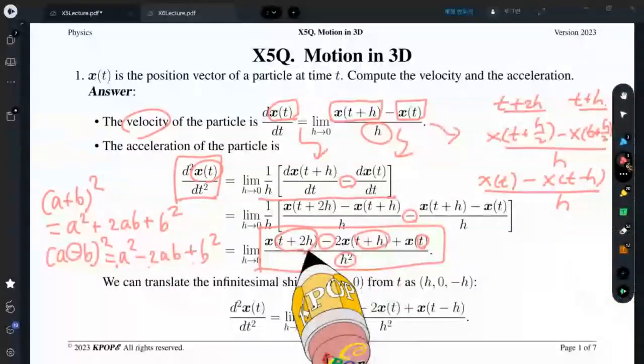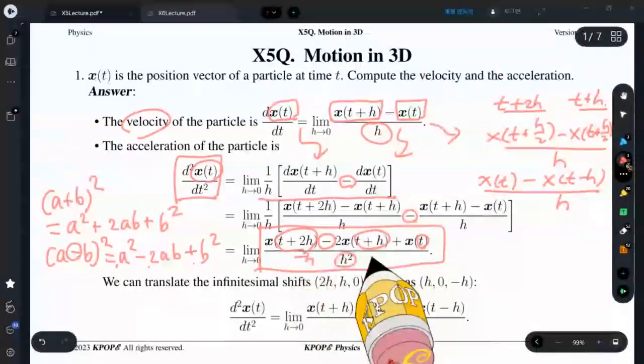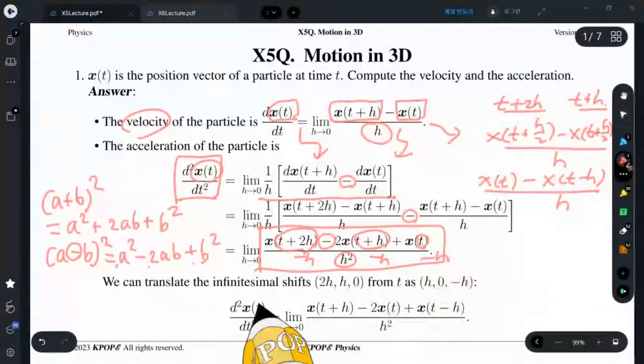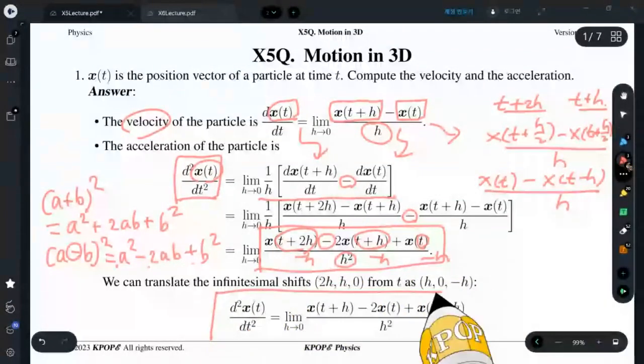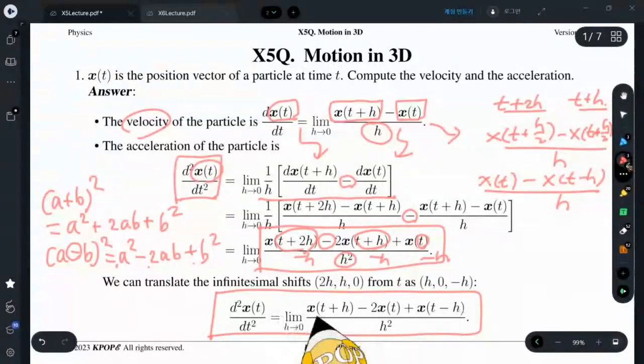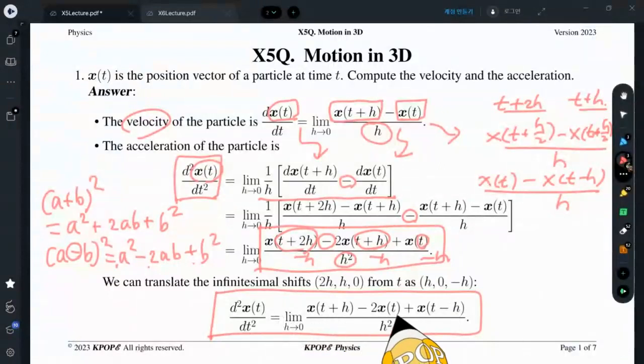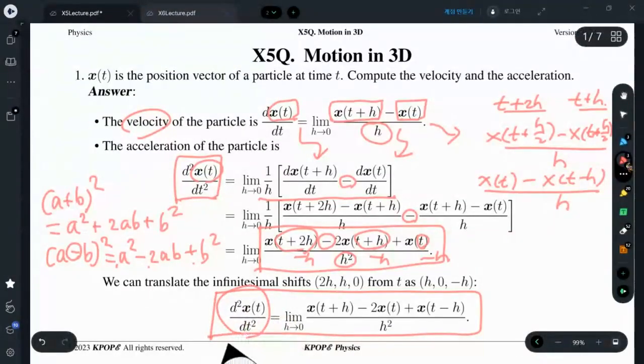In a similar manner, I can shift this h by minus h, and we can find the symmetric form: x at t plus h, subtracted by twice x of t, and add the value at t minus h. So this second order derivative can even be computed directly from the function itself.